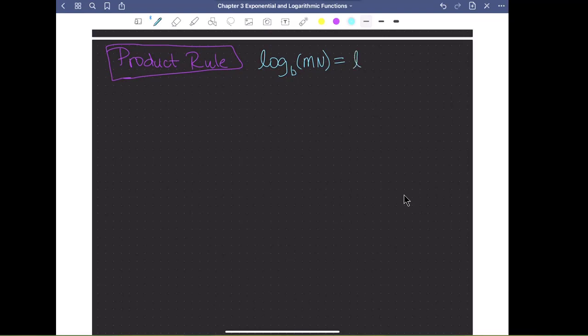It's going to separate into log base b of m plus log base b of n.